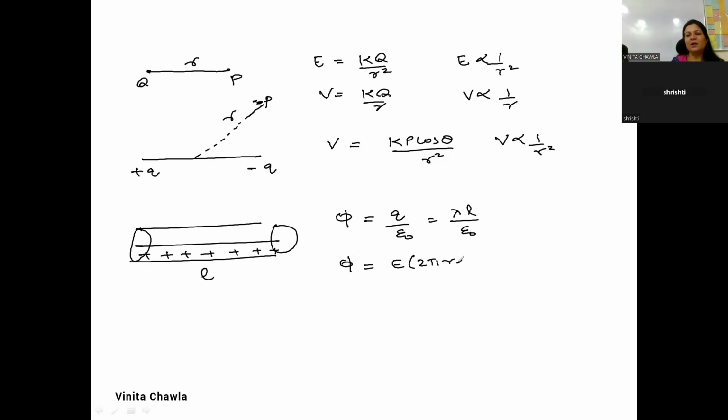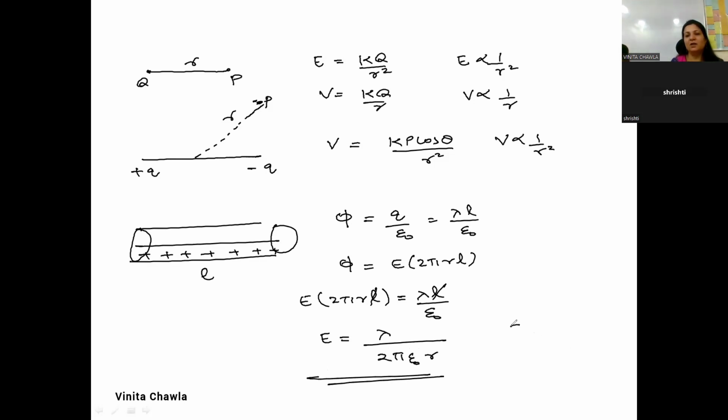It is 2 pi RL, curved surface. So on comparing these two, you get E into 2 pi RL is equal to lambda L upon epsilon naught. So from here, we get E as lambda upon 2 pi epsilon naught R. So in this case, we have E inversely proportional to R.